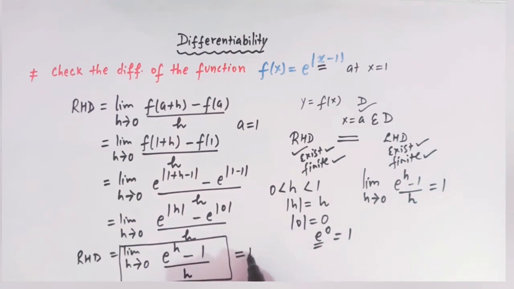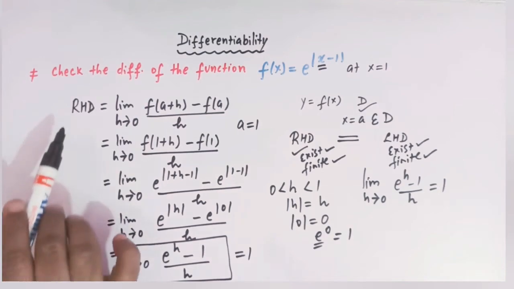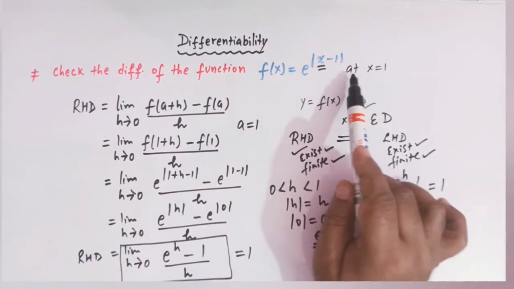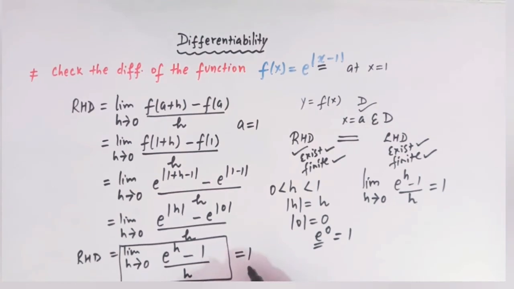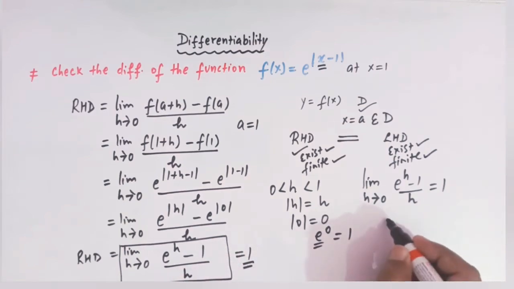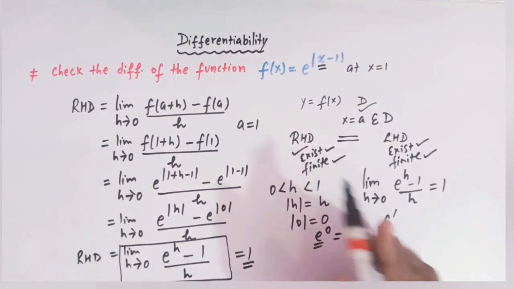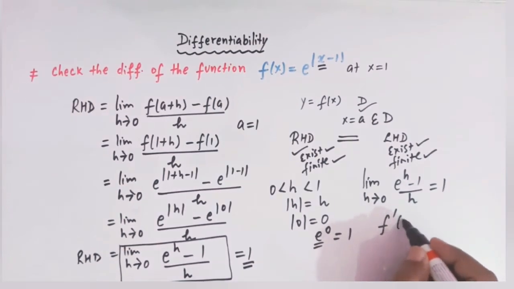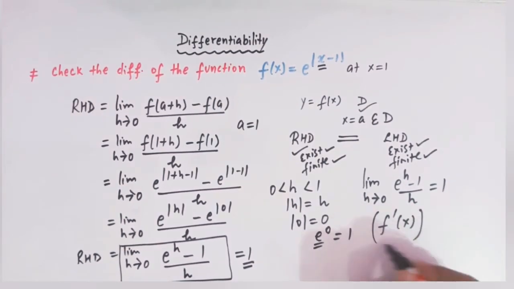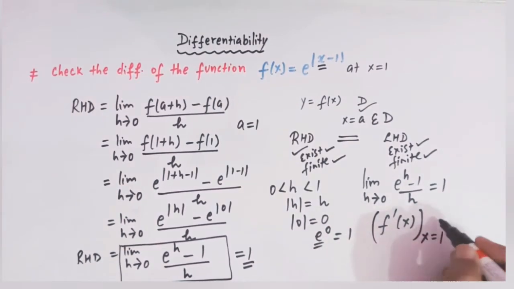So the right hand derivative of this function at x equal to 1 is equal to 1, right? So we can also write f prime of 1 with a positive sign at x is equal to 1 is equal to 1, right?